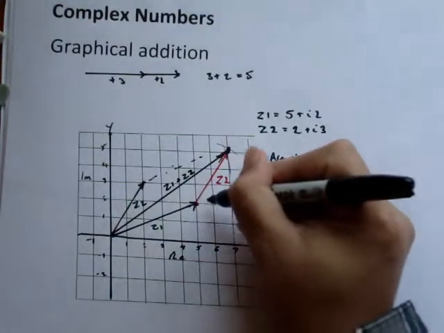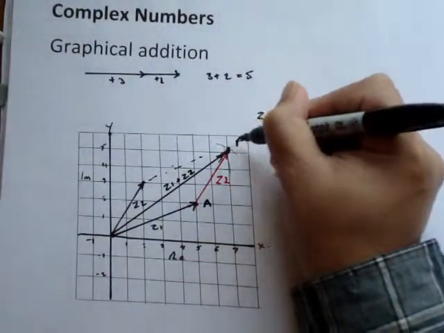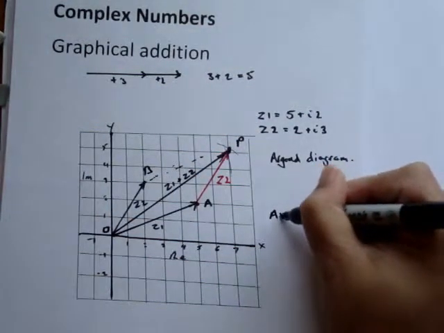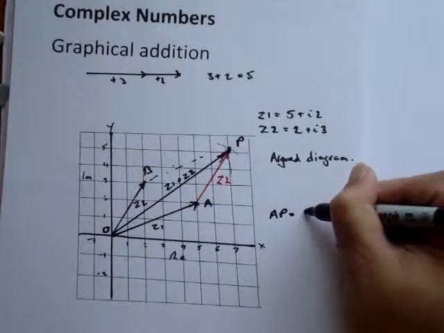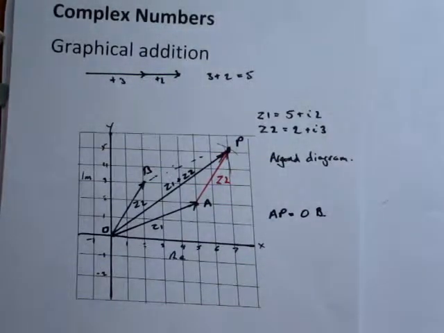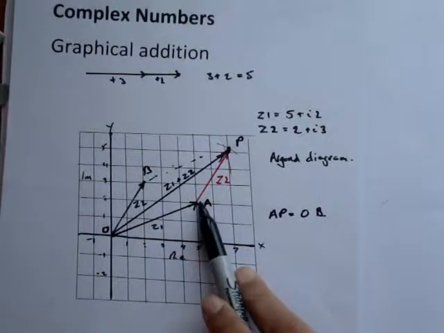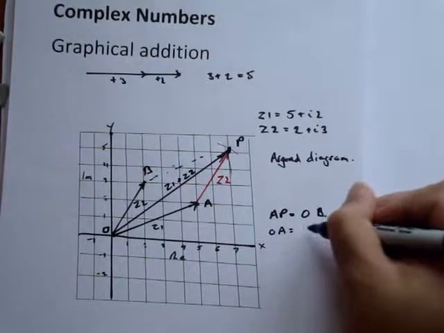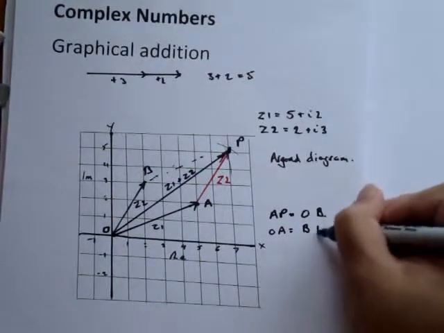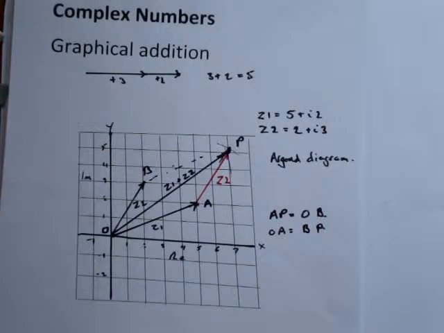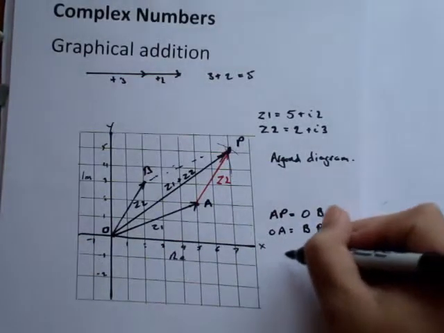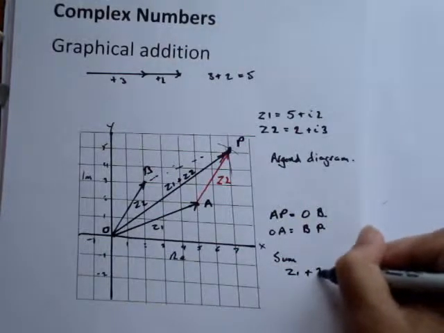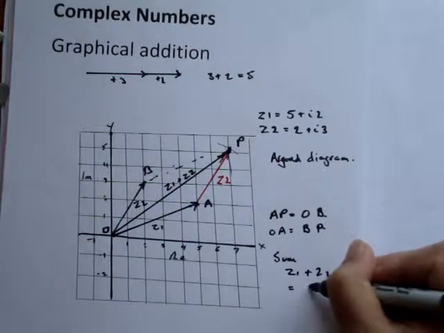So if we label these points, so we have A, P, B, and then the origin. AP equals OB, both in magnitude and in direction. OA equals BP, and our sum z1 plus z2 equals OP.